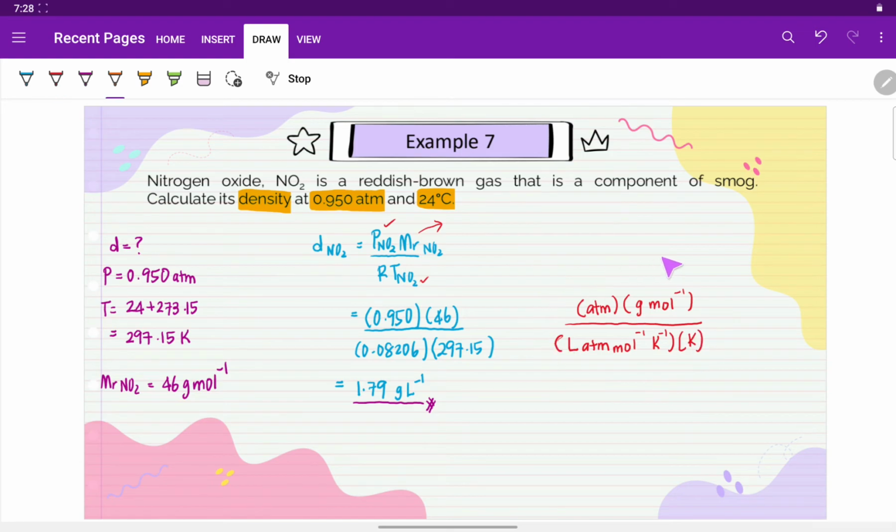Okey, jadi bila kita cancel out dekat sini, so K dengan K, okey, saya gunakan warna biru. K dengan K, settle. Kemudian per mol, okey, boleh cancel. Okey, ATM dan ATM. So yang tinggal dekat sini cuma gram dan liter saja. So that's why kita dapat unit dia sebagai gram per liter.